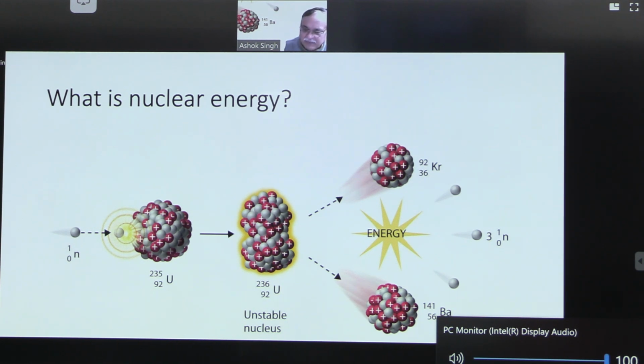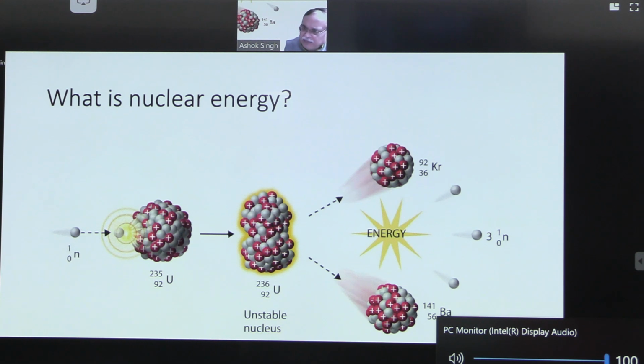Unstable means liable to break up. And then you will find the nucleus now splits. This is what you can see at the right-hand side. Two smaller nuclei come out. These are krypton and barium. It doesn't matter what these are. Focus just on the uranium part. That is the key here.